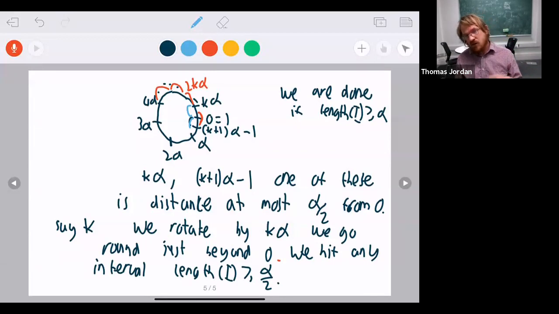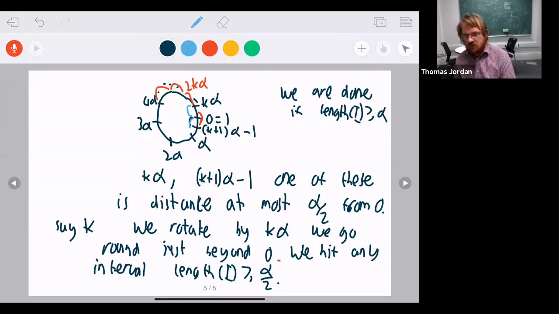We now repeat the same trick to get alpha over 4, and then alpha over 8, and eventually, however small the interval is, we must enter that interval. So that is how we can show that our orbit, starting at alpha, is going to enter any interval. And there's nothing particular about starting at alpha. The same argument works wherever you start the orbit.